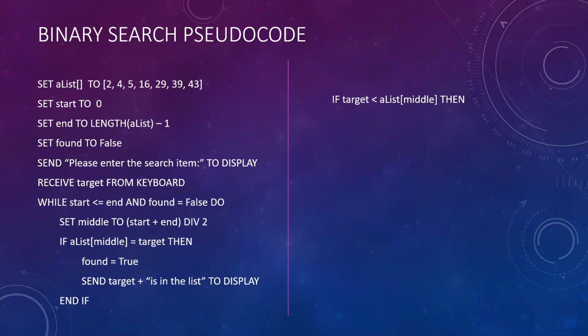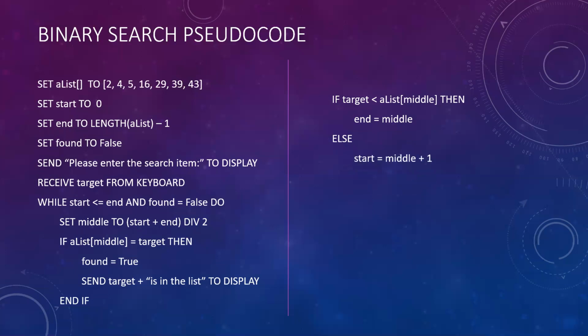So if the target item is less than the list middle, then it will set end equal to middle, because from the first to the middle it will be the sublist, and it will again find out the middle.